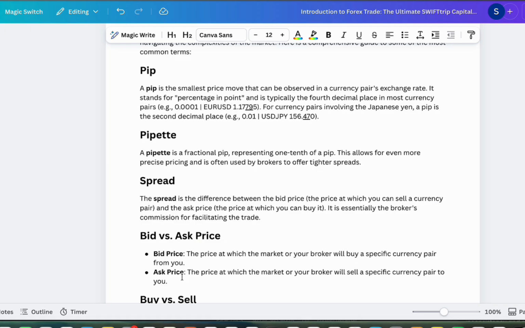Now, a pipette is a fractional PIP representing 1/10 of a PIP.